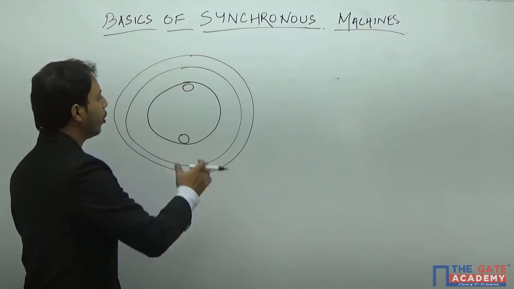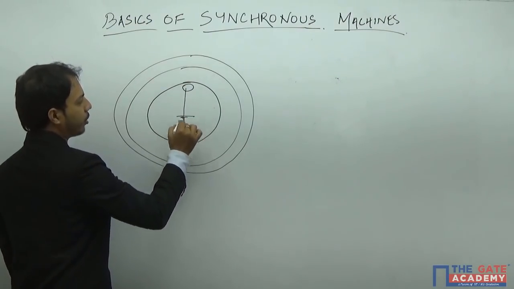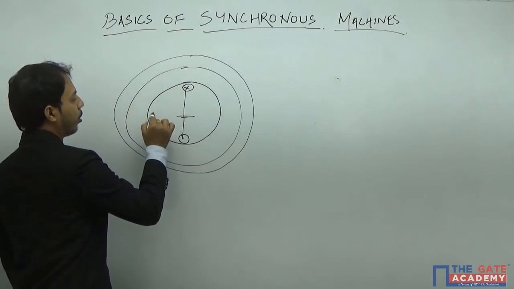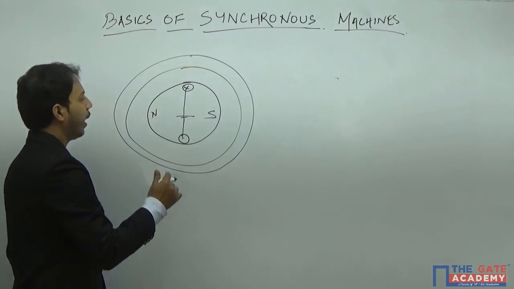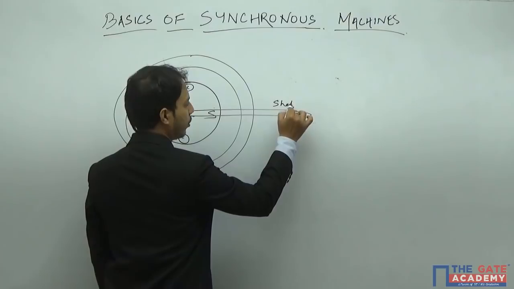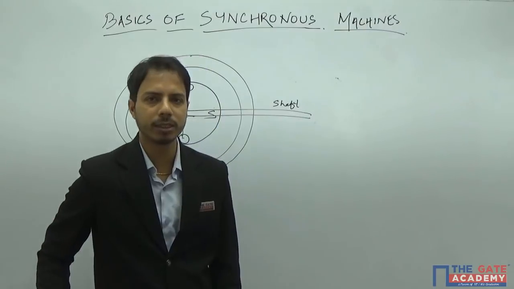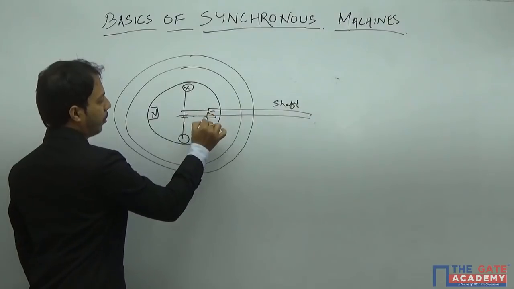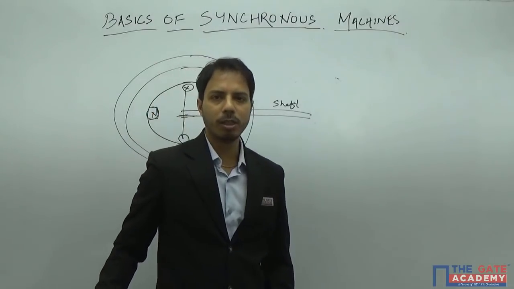Windings will be placed in these slots and a DC supply will be given, due to which poles are created. A north pole and a south pole will be created in the rotor, and this rotor will be connected to the shaft. This is how we can visualize a cylindrical rotor. The field that is created by the rotor is called the flux field.